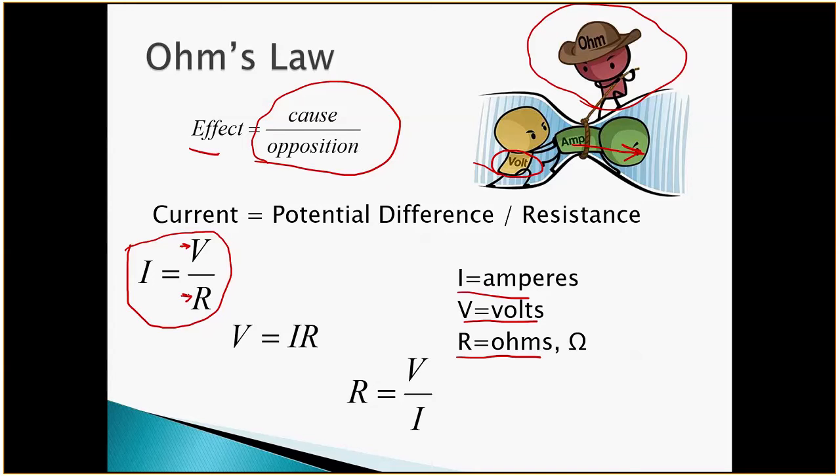Well, that's okay if I'm trying to solve for current in amps, but I can solve for voltage, and so voltage is equal to current times resistance. That's the equation I try to remember for Ohm's law, V equals IR. That's a very simple solution from the original equation, I equals V over R. I just multiply both sides by R, and I've got V equals IR.